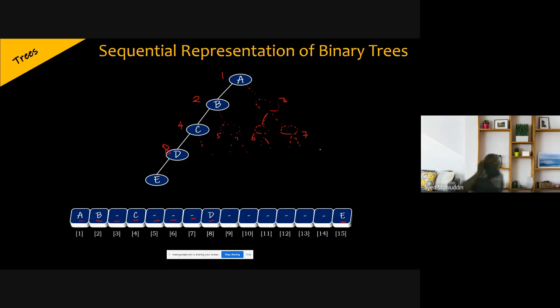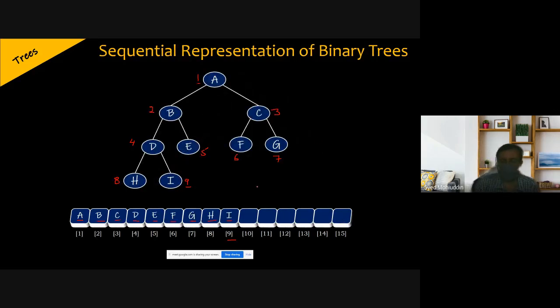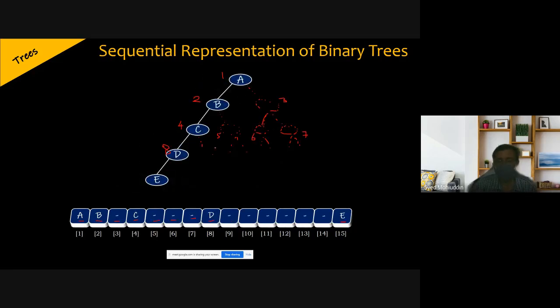So now what is happening is, if the tree is left skewed, you can find that so much memory space has been wasted. In the earlier case, to store 9 elements, 9 memory locations would have been enough. But in this case, to store these 5 elements, we need 15 memory locations, and most of them are empty.